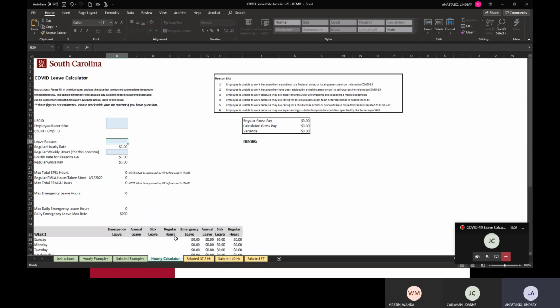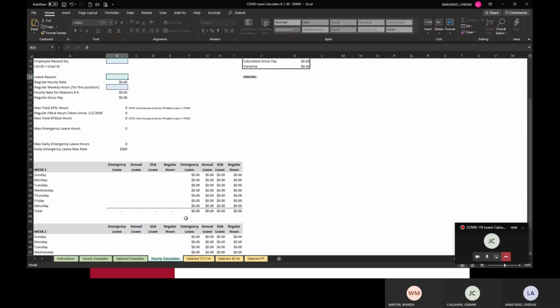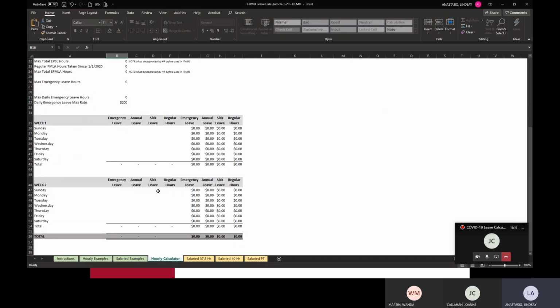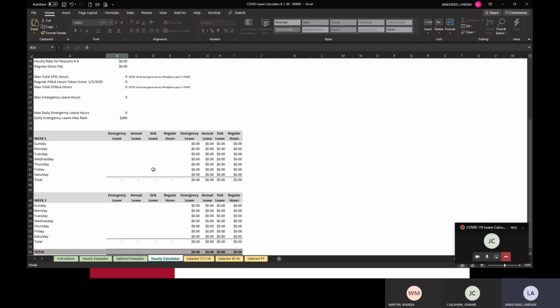The hourly calculator is a little more detailed so that you can put in hours, but that's because the time cards for hourly work different as well.